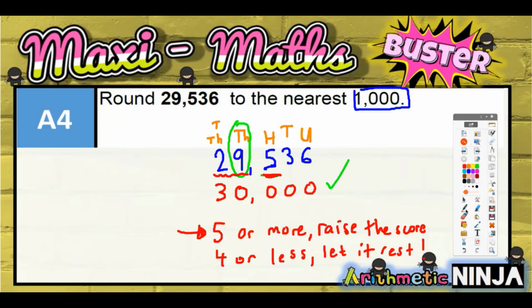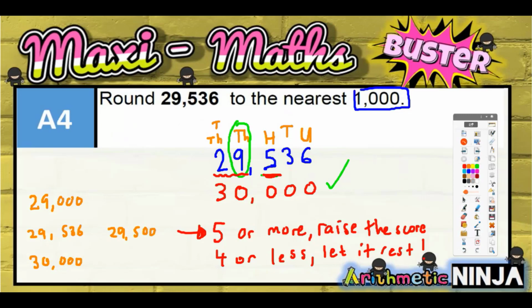There is another way you could have done it. You could have said, well, 29,536 is somewhere between 29,000 and 30,000. Halfway between will be 29,500.